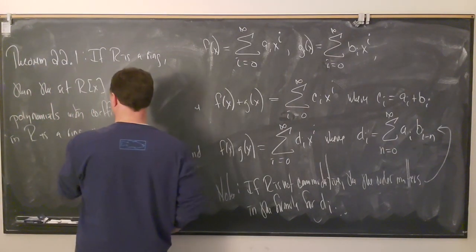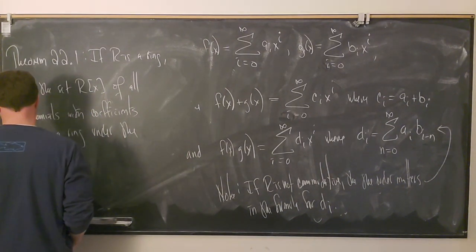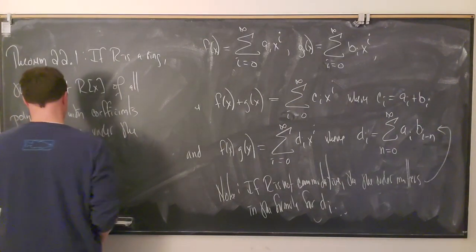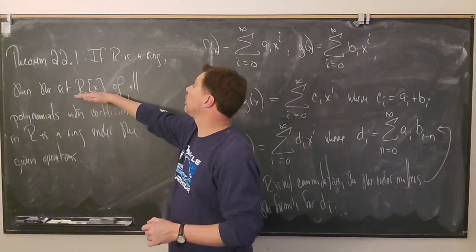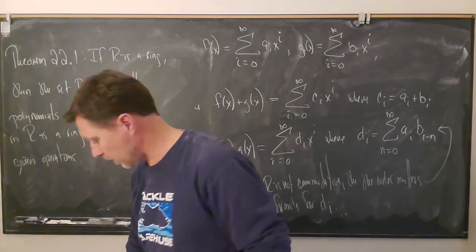So under the given operations. And this is the symbol that we use, R bracket X. That stands for the set of all possible polynomials.